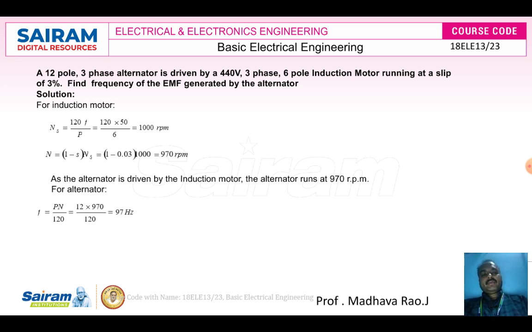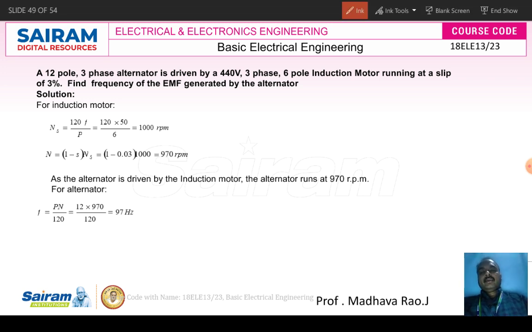First, we have to write the given data. The number of poles of the alternator, PA, is equal to 12, and the induction motor has 6 poles, so PM is equal to 6, and slip S is equal to the given 3%.